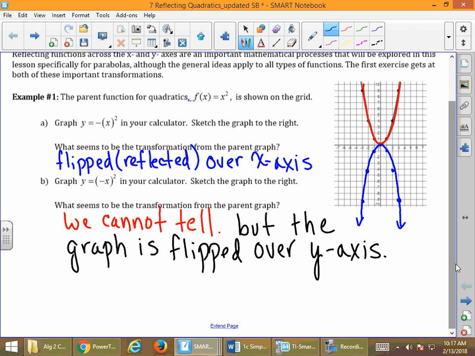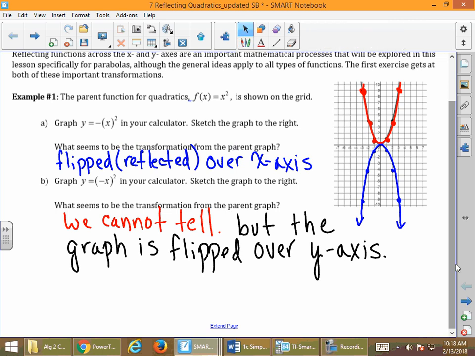But what happens is that this point here landed here, and vice versa. This point here landed here, and vice versa. This point here landed on the other side of the y-axis, and vice versa. You guys can't see it in that picture.